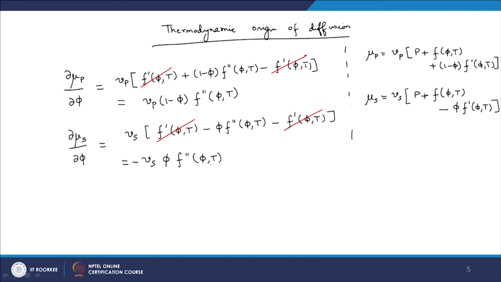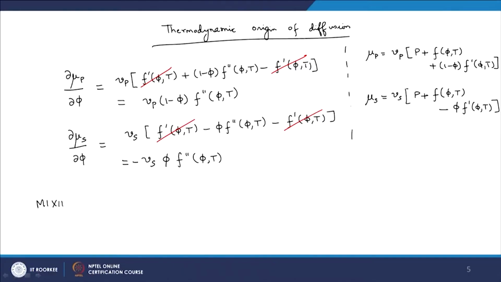Okay. Now let us go back to the original idea that for mixing, f double prime is higher than 0, that came from the concave nature of that. So, if f double prime is higher than 0, we can see from here that dou mu p by dou phi is higher than 0, and dou mu s by dou phi, from the expression here, must be less than 0.